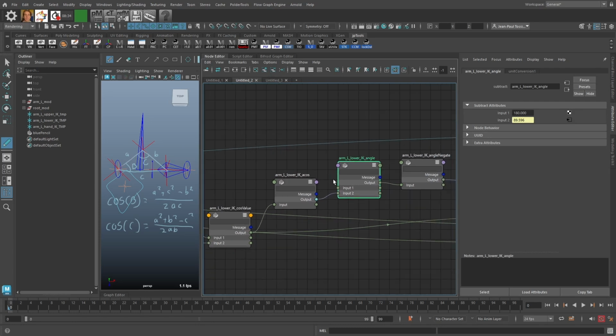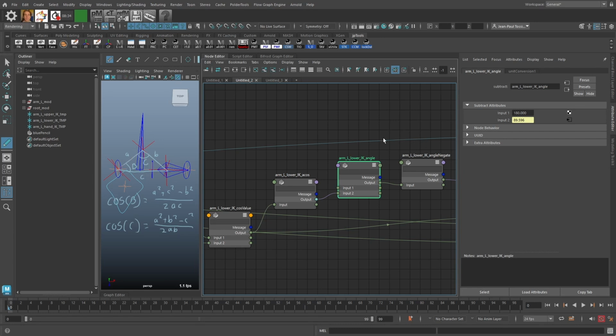And then, because in the straight arm situation, the angle for the solver is 180 degrees, because it is a straight line, and that's an angle of 180. And in our setup with nodes, it should be an angle of 0.